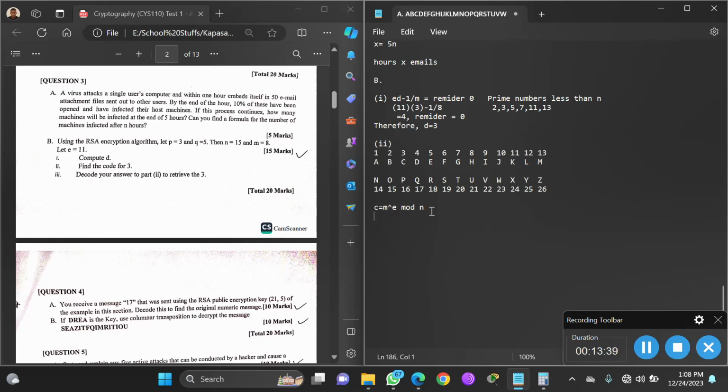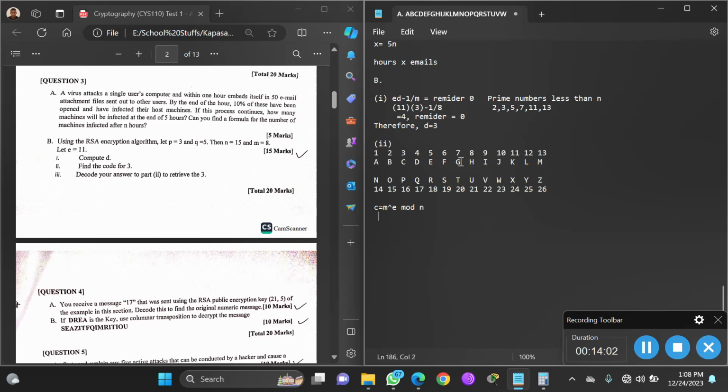Then mod n means we need to find the modulus for that given n, which in our case is 15, for us to come up with C. Why are we using modulus? It's because we end up getting huge numbers, so we wrap them around to get numbers within the range of 26 for the alphabet.